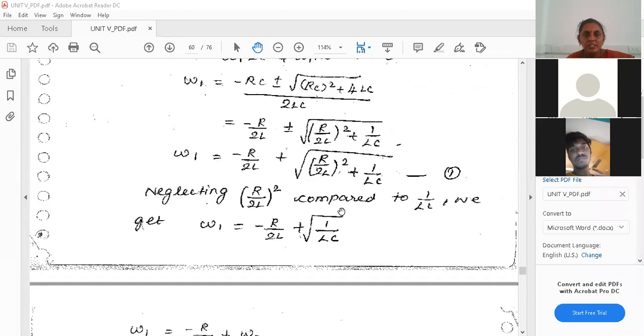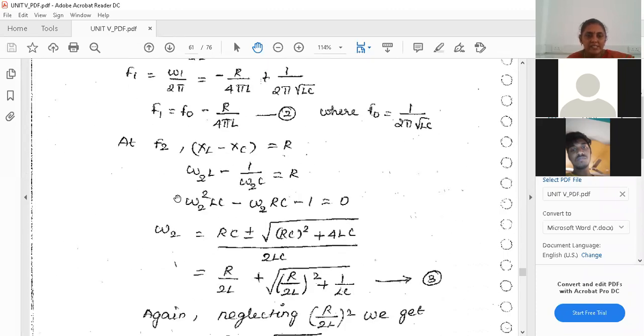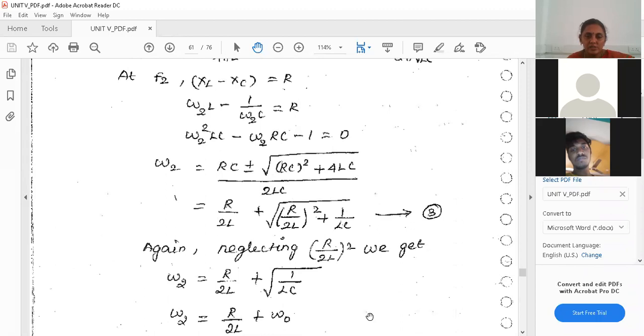Okay. Now we had taken here minus R. And the next expression we will take it as plus R. So for F2, we are taking it as plus R. So at F2, XL minus XC is equal to R. Now XL value, you have to put it as omega 2 L because this is considered at frequency F2. Okay. So let omega 2 be the angular frequency.